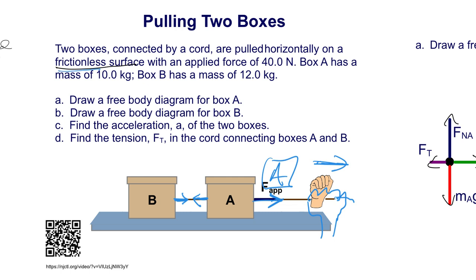So we don't have to draw forces going this way. We will eventually. Okay, so the applied force is 40 newtons. This is 10 kilograms mass. This box B is 12 kilograms mass.